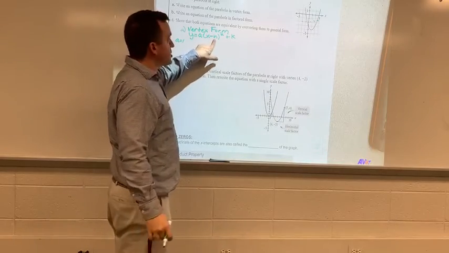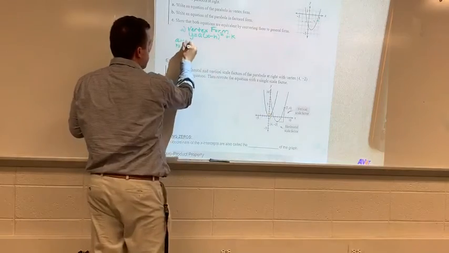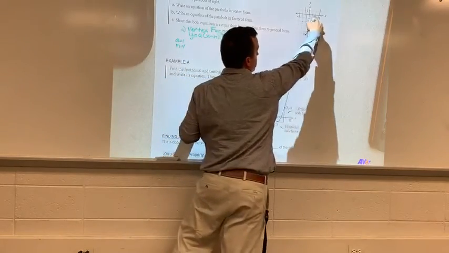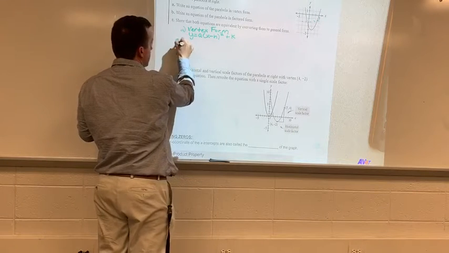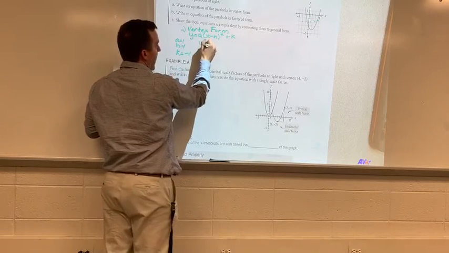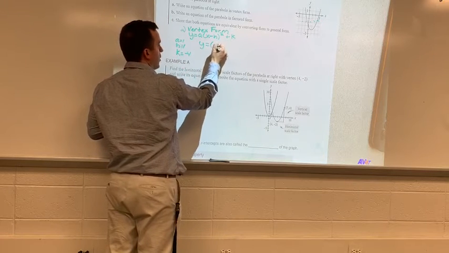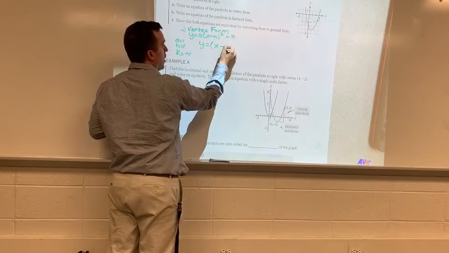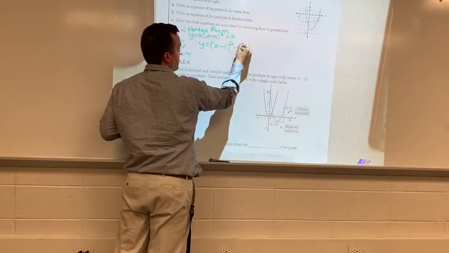And then h, the x coordinate of the vertex, is 1. And k is -4. Substituting those in, we have y equals, if it's 1x, I can just leave that out. So x minus 1 squared, and then plus k would be -4.